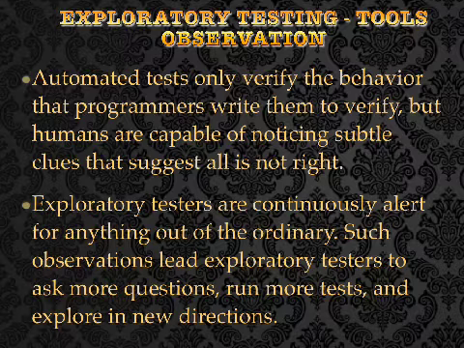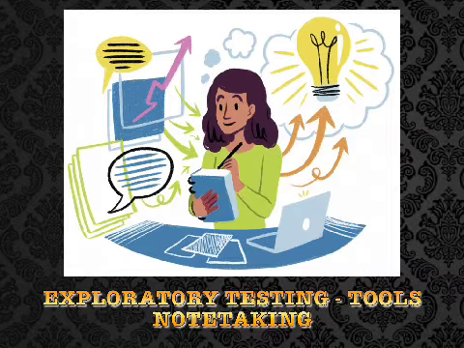The next aspect of the exploratory session tools is the note-taking tool, which is very, very important. As we start testing, we usually don't keep up with the guide that we started with. Once you identify a result, you start checking another one. Based on that result, you go somewhere else, and based on that result, you go somewhere else in your code.